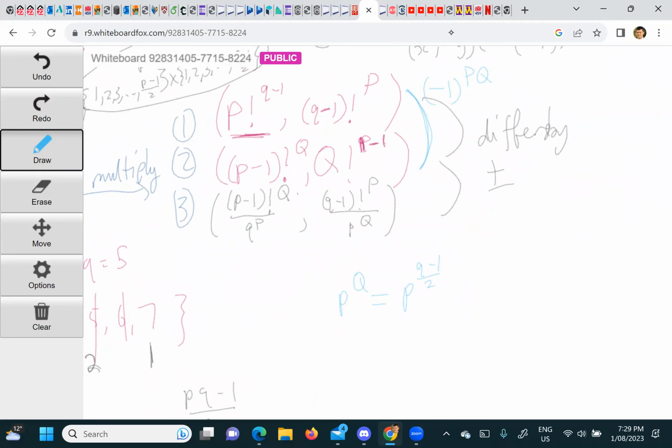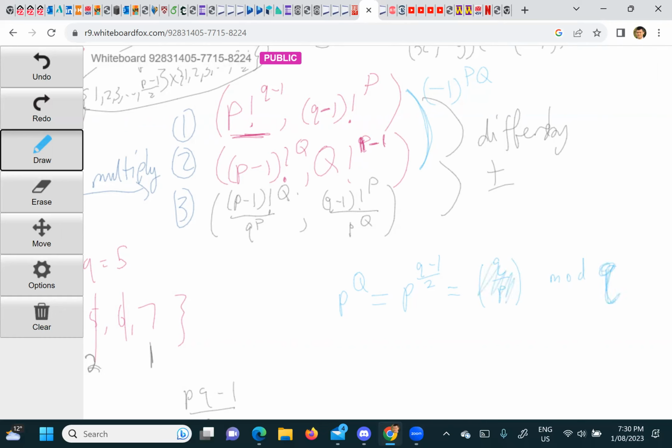But remember, by Euler's criterion, that's Q over P, and then that's Q over P mod P, mod Q, yeah?